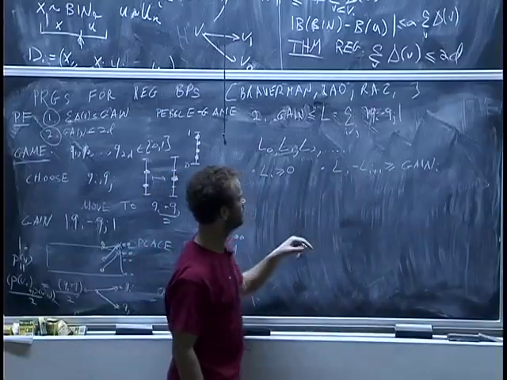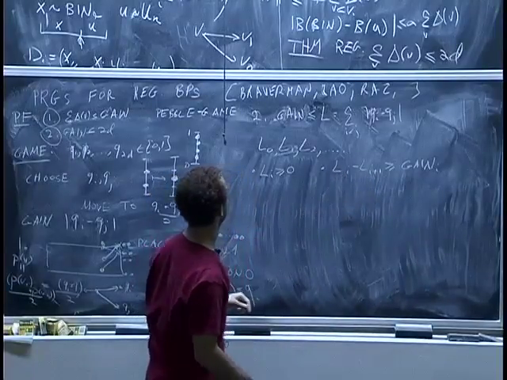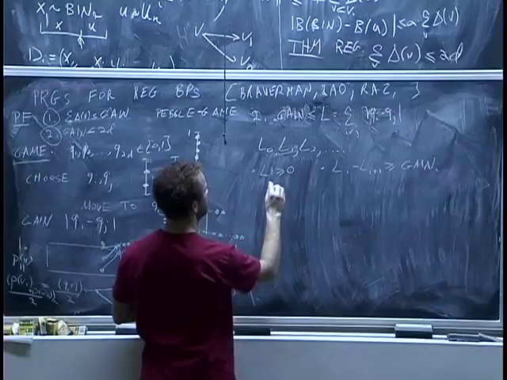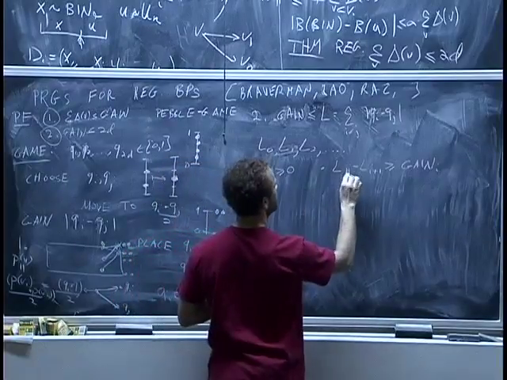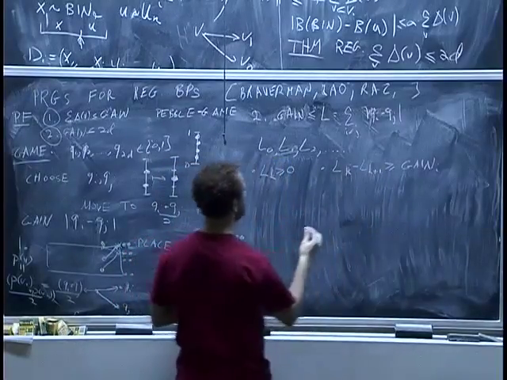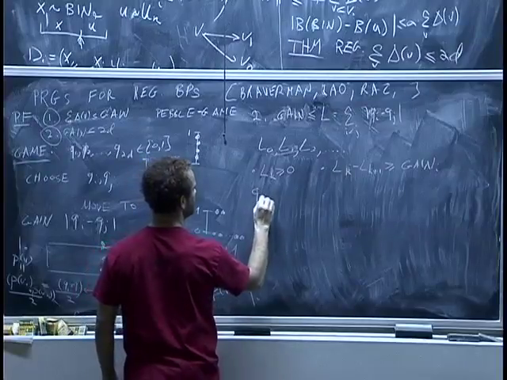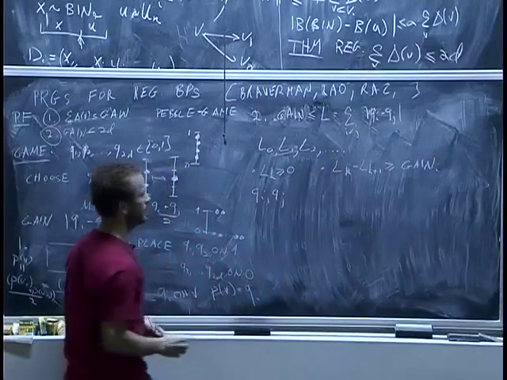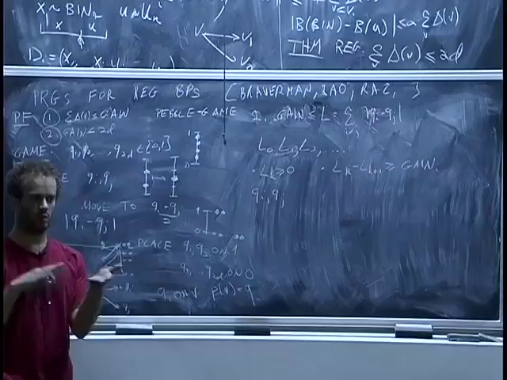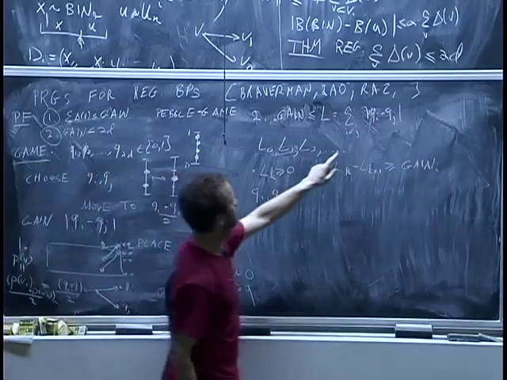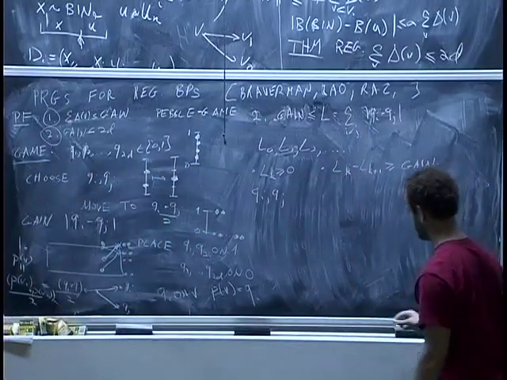And how do we prove this step? In this step, we move two pebbles, Qi and Qj, to the same position. So let's see what happens in this sum.